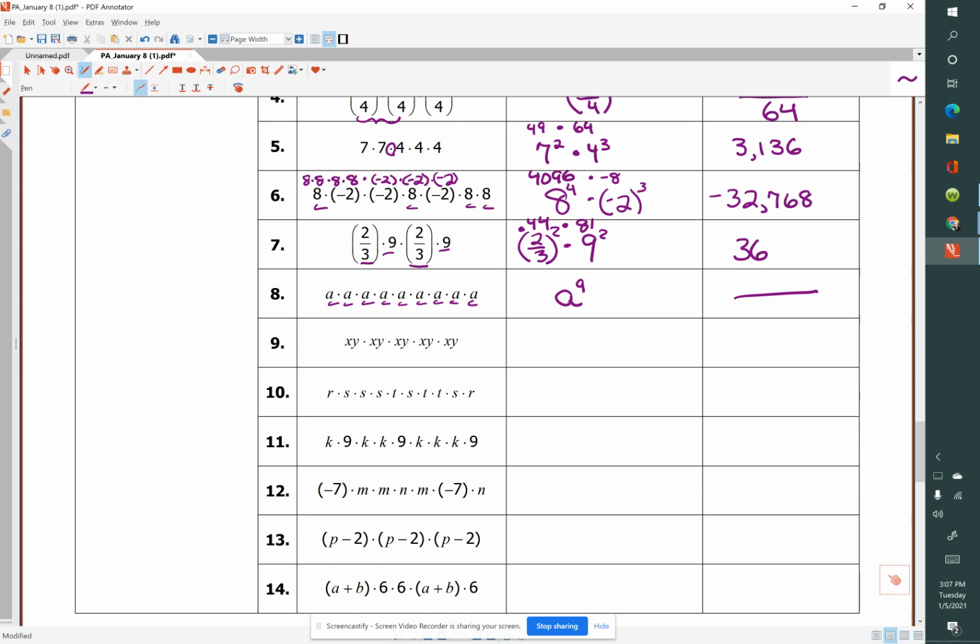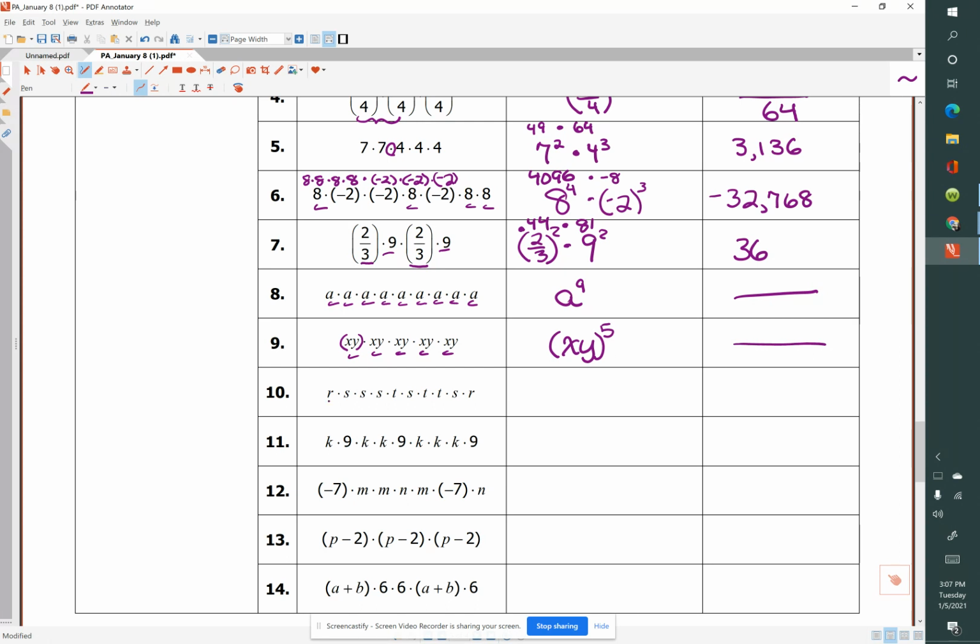And let's look at xy. So we have to think of xy as one term. It's repeated 1, 2, 3, 4, 5 times, and that would be (xy), keep the parentheses, to the 5th power. And again, there's no standard notation for a variable.